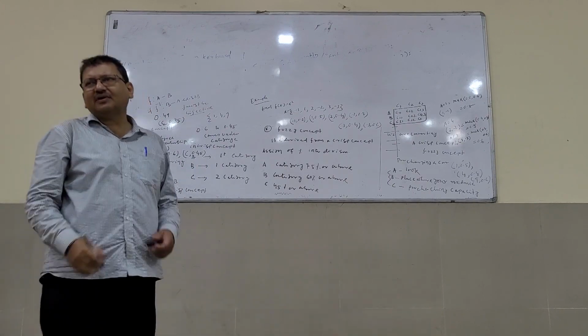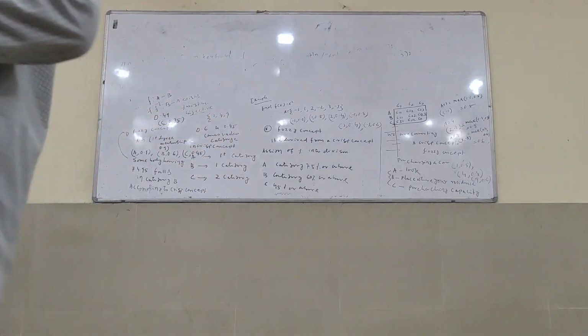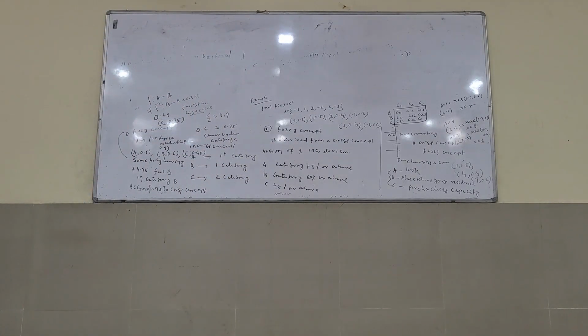In fuzzy, you can have bijective or any functions, and you can find the inverse. In general, if you have a function mapped from A to B, the inverse from B to A occurs only if it is bijective. If it is not bijective, then you cannot say. But in case of fuzzy, it is not necessary that it is bijective. I can give you some examples.